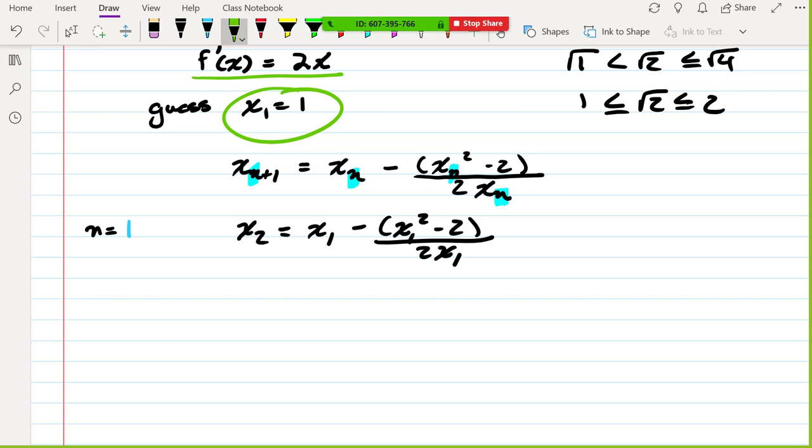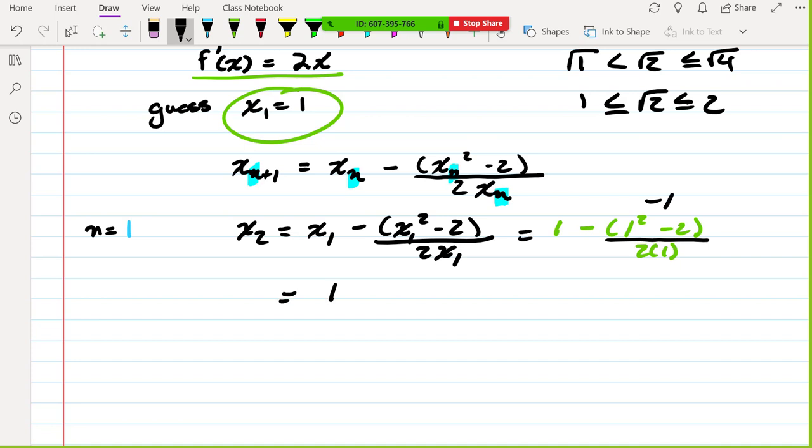So we're going to get 1 minus 1 squared minus 2 all over 2 times 1. So if we simplify all of that out, 1 squared is 1, 1 minus 2 is negative 1.